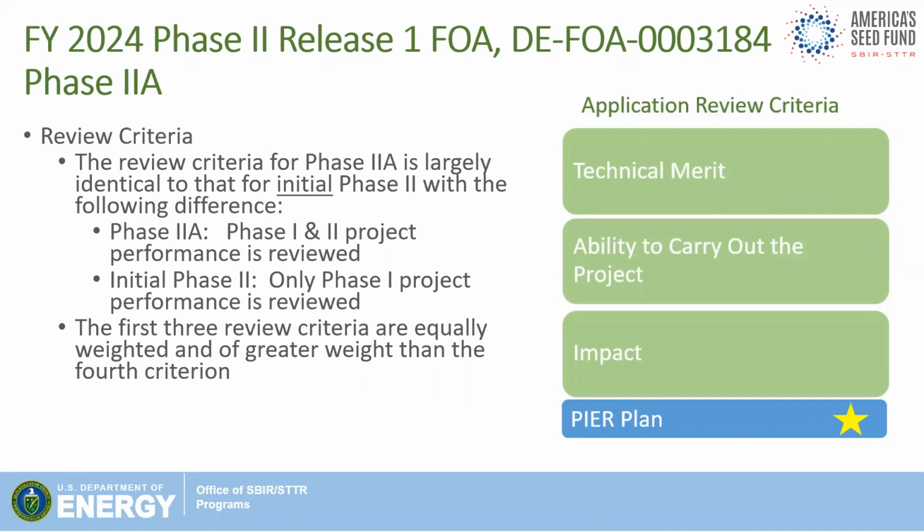And again, as stated before, the first 3 review criteria are equally weighted and are of greater weight than the peer plan criteria, but the peer plan criteria is part of the merit review.